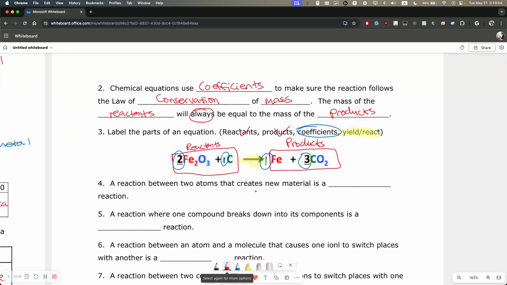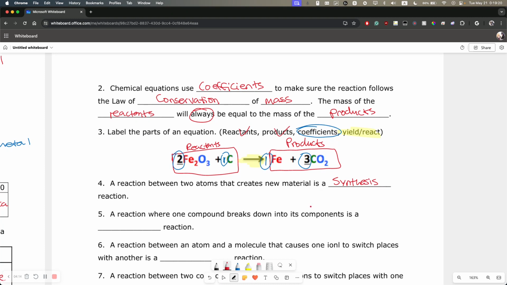Alright. Question 4 says, a reaction between two atoms that creates new material is a blank reaction. Well, that's going to be a synthesis reaction. If you look at the news and say, a new pharmaceutical company has synthesized a new drug for the market, right?